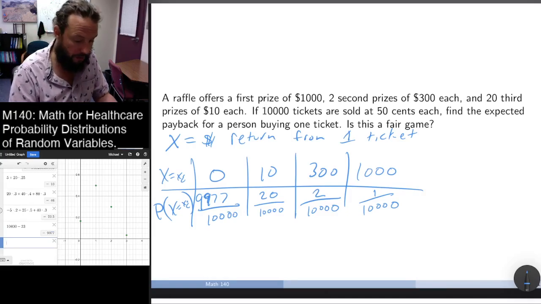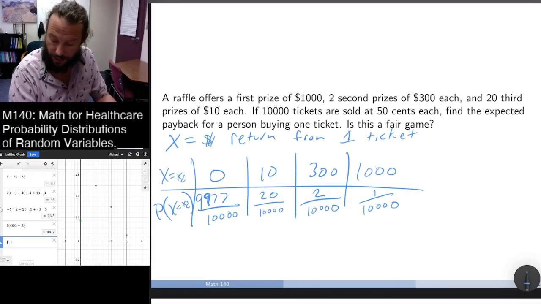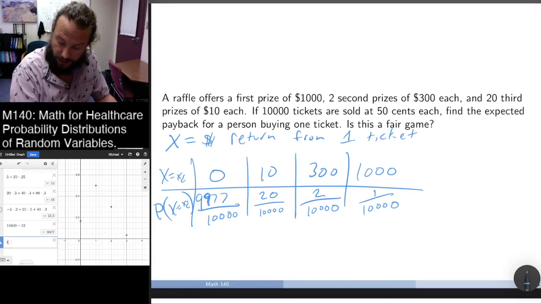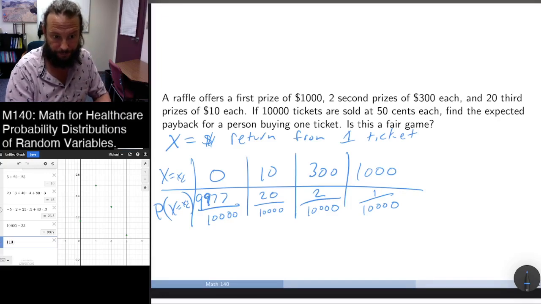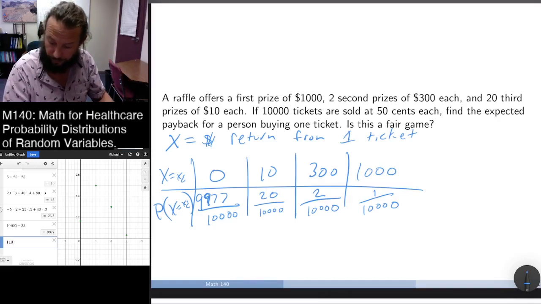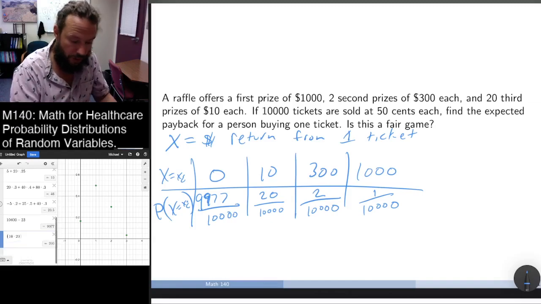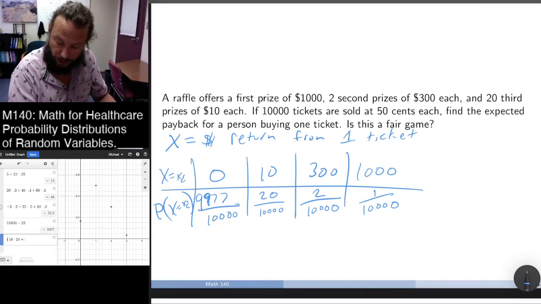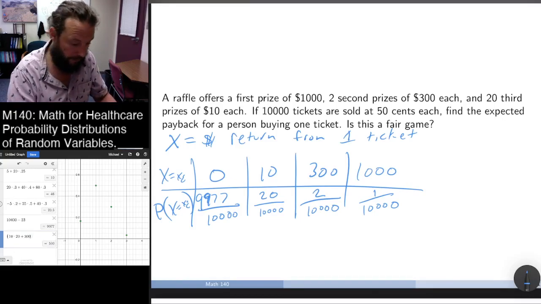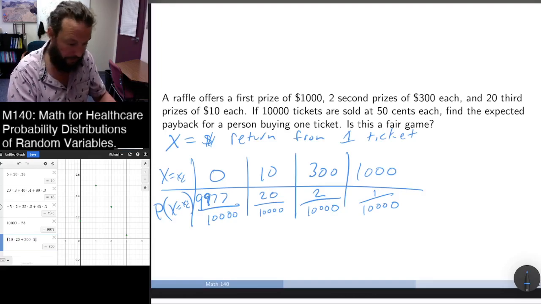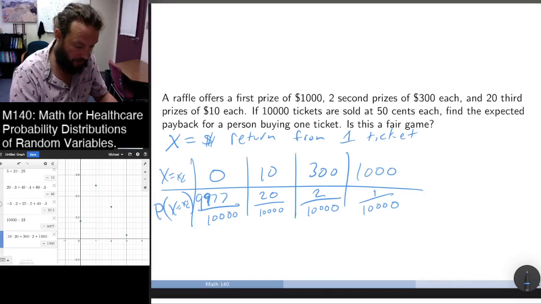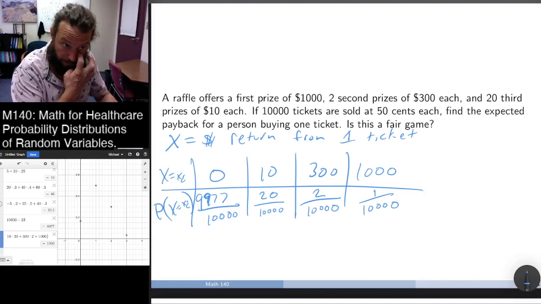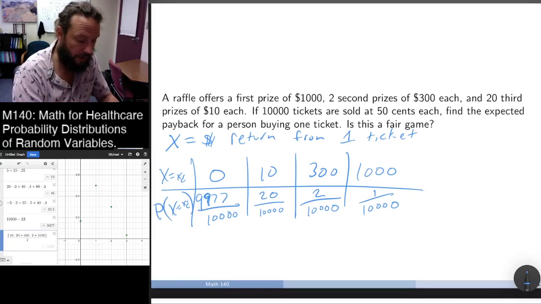And then the rest, I'm going to do in parentheses and divide them all by 10,000 at the same time: 10 times 20 plus 300 times 2 plus 1,000, all divided by 10,000.